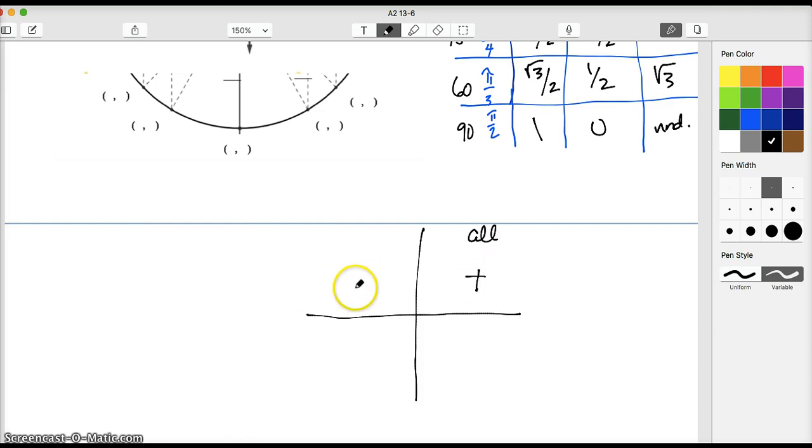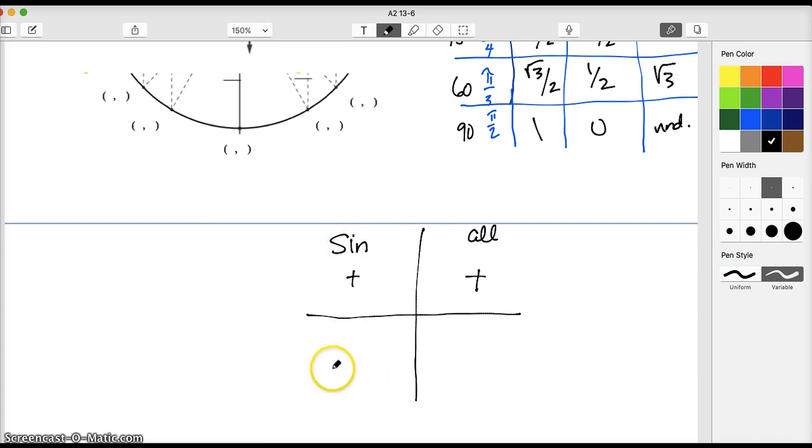But in this quadrant, the cosine, since it takes its value from this x-axis, will actually be negative. And therefore the tangent will be negative, as the tangent can be defined as sine over cosine. So the only thing positive in the second quadrant will be the sine.